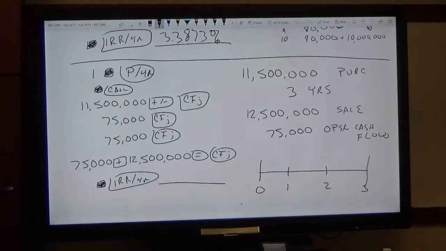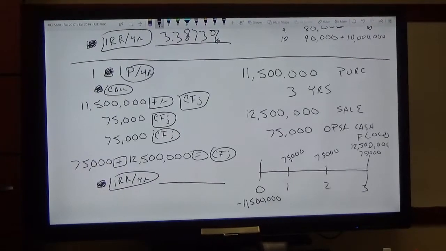Okay, so here at time period 0, we're spending 11,500,000, and then we are receiving 75,000, 75,000, and 75,000. But then we're also going to be receiving the 12,500,000 as a reversion.